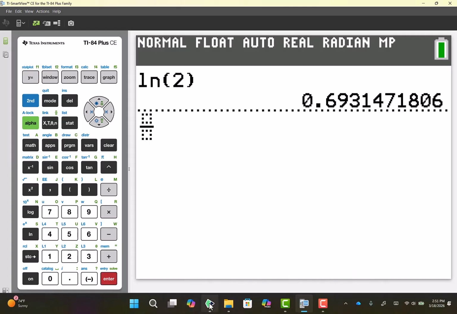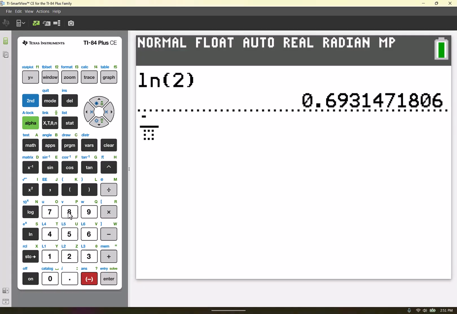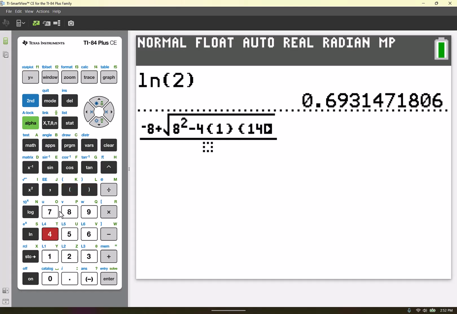I'm going to go negative 8, plus, and square root. You guys help me out. It was 8 squared minus 4 times 1 times, what was my c? 14. All over 2 times 1. So there it is.